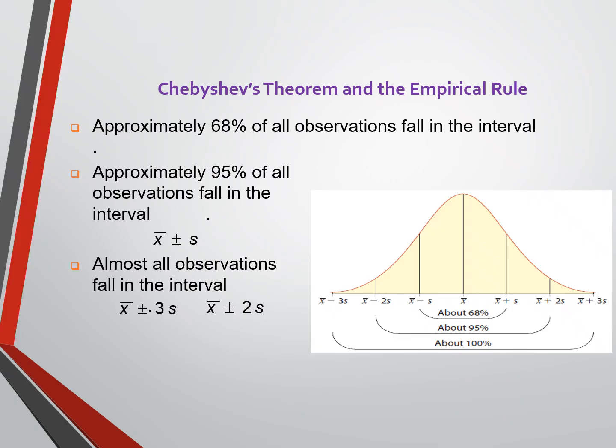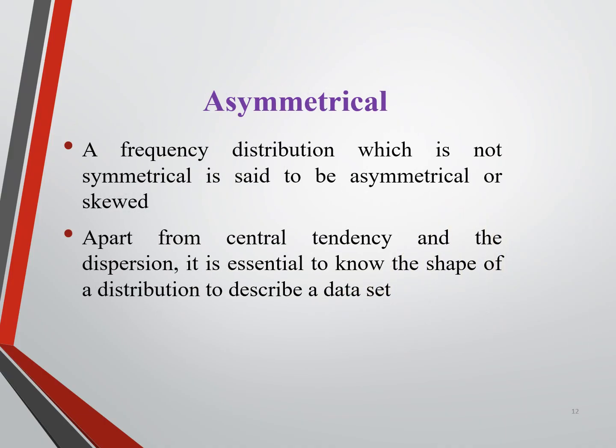And this is known as the bell-shaped curve, and it indicates symmetry. When the shape is not exactly bell-shaped, then it is known as an asymmetrical curve or skewed curve. Apart from central tendency and dispersion, it is essential to know the shape of the distribution to describe the data set.